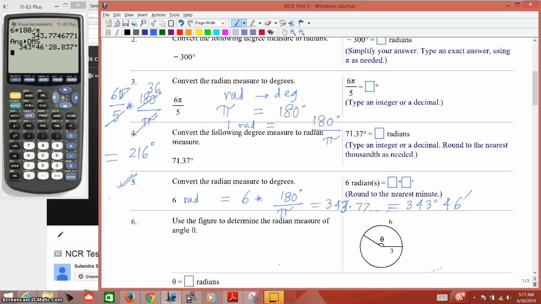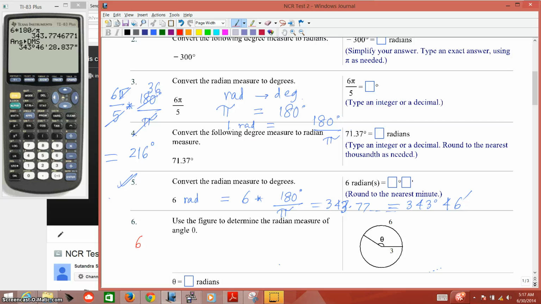Okay, there's a very common mistake that happens when this particular type of question is asked, just like 6 radians. I will show you what the common mistake is. Students have a misconception of radian to be associated with pi.